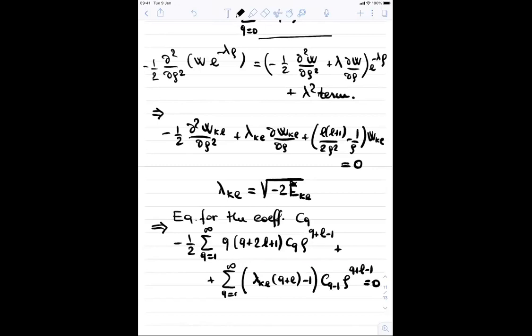This is the equation that you get after doing a little bit of algebra. Very, very boring, but it can be done.